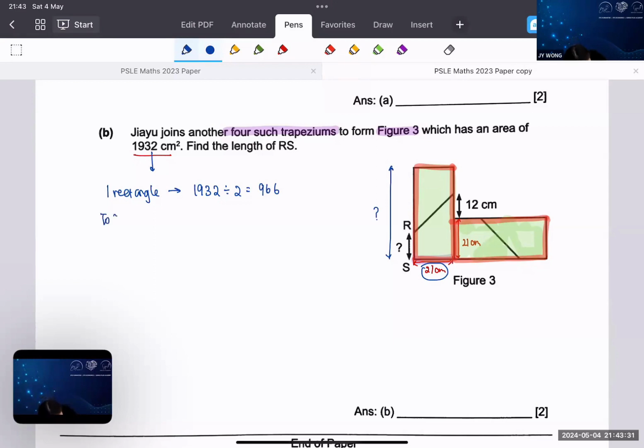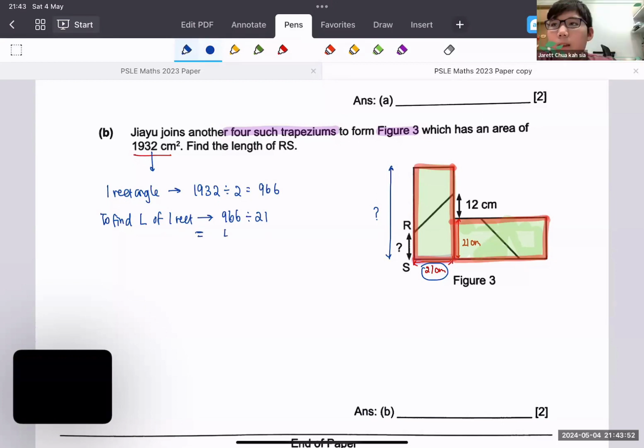To find the length of 1 rectangle, I will take 966 divided by 21. What would I get? So I will get the answer as 46. Okay, so 46 cm here.